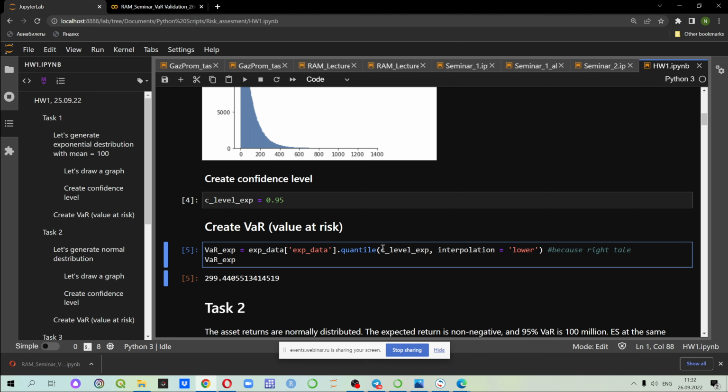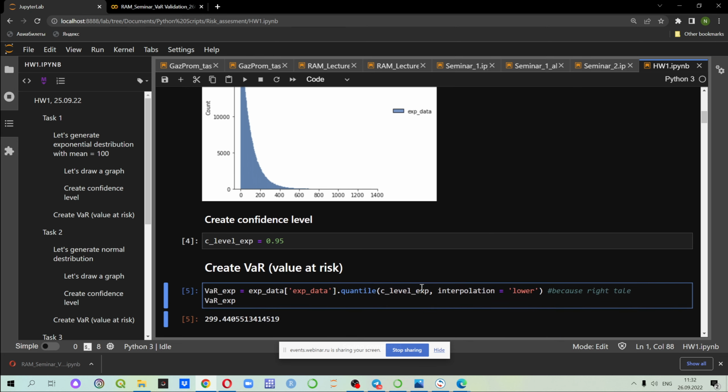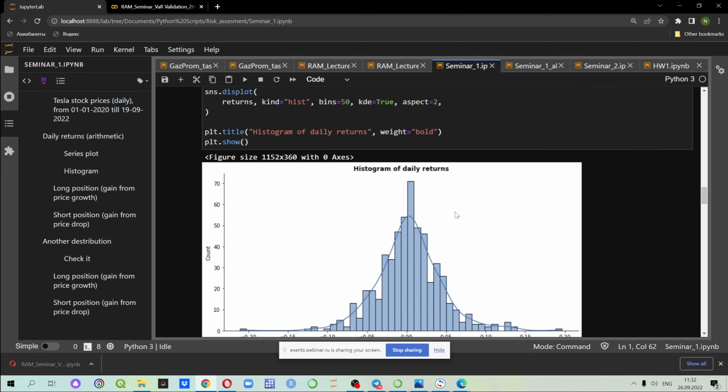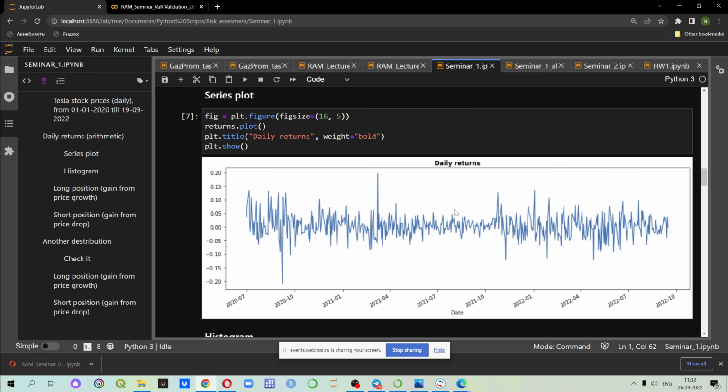So if you think of returns as risk factors, taking long position, you win when returns are positive, right? So this is the standard position when you just buy.